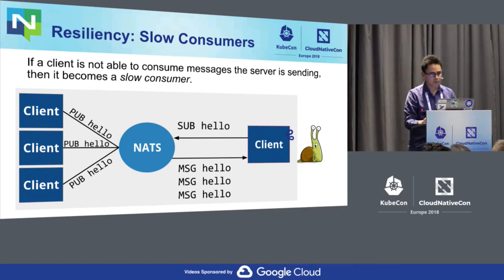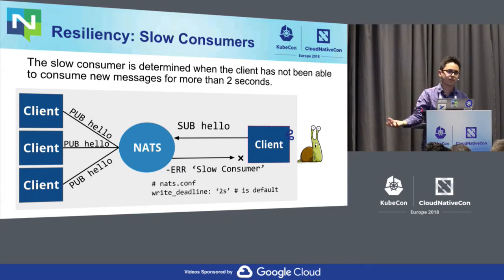So if the server starts accumulating too many of these messages, it is going to give it a 2 second deadline to drain everything that is being sent to the client. And if it doesn't read all of those bytes, then it will disconnect the client and tell it that it's a slow consumer.